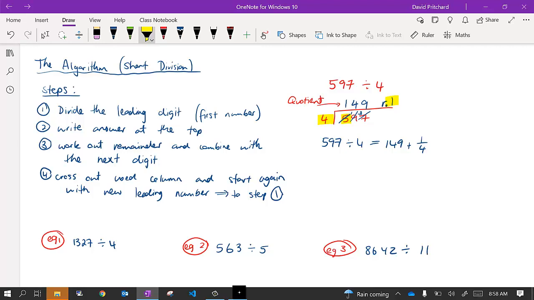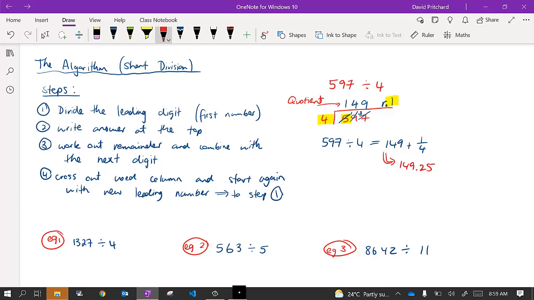So that gives us our fraction answer, 1 out of 4. Now that allows us to do lots of cool little things. We could say that is 149.25. We could write it with a remainder. We can write it with that fraction. I'm happy with the fraction for the answer. Okay. Hopefully that makes sense.